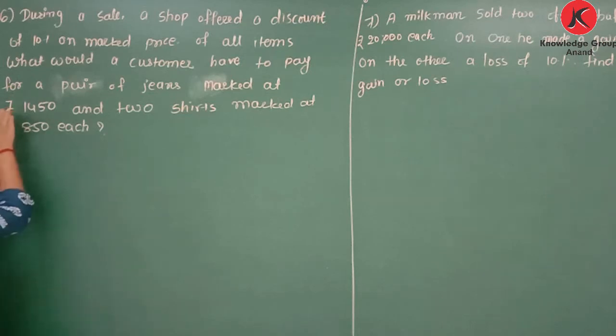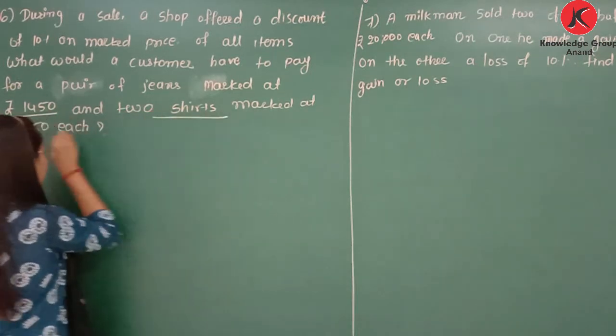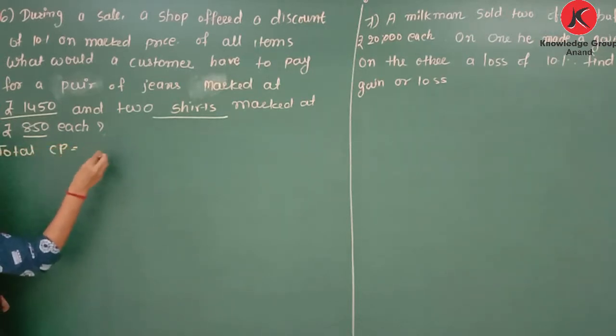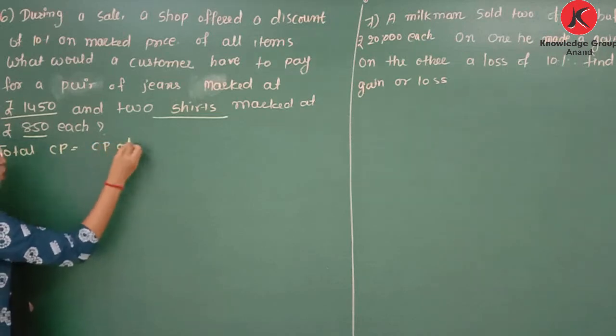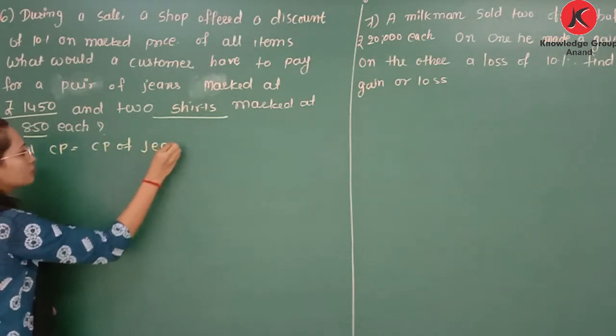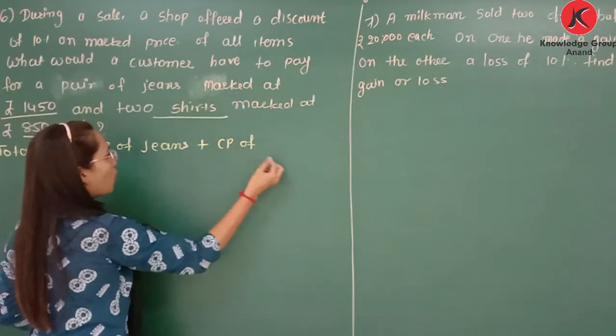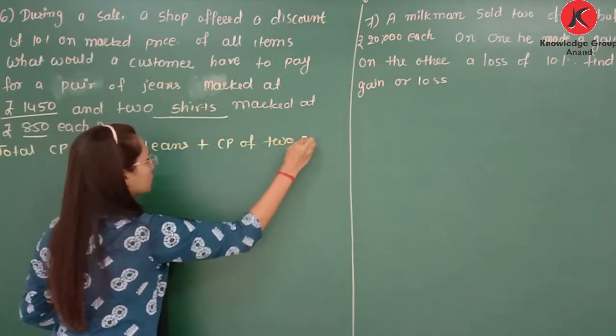So here the price of jeans is given and the price of one shirt is given. So we can find the overall CP, total CP, is what? CP of jeans plus CP of two shirts.